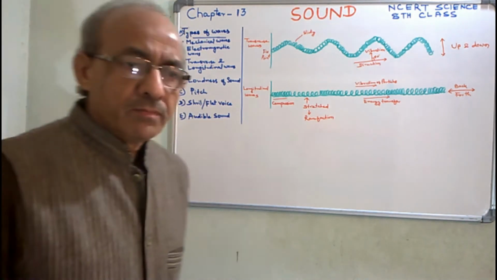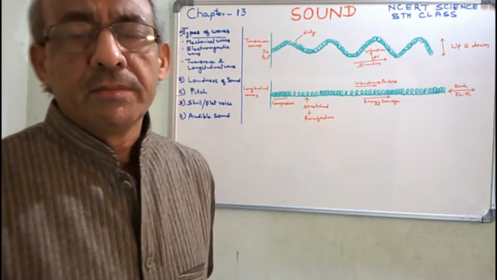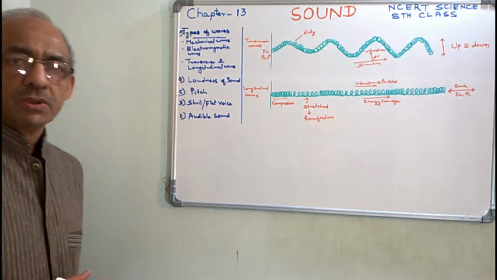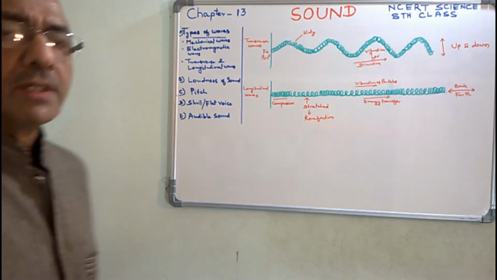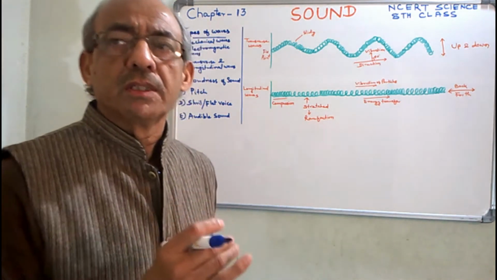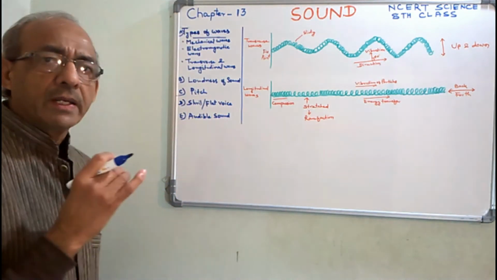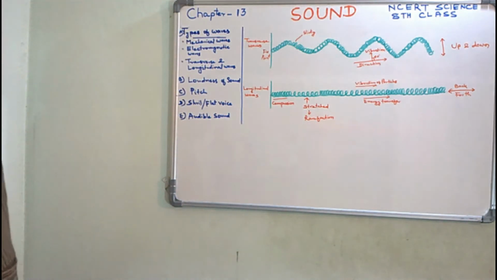In the previous session, we have studied that waves are produced by certain disturbances, external disturbances, that means by mechanical or external efforts.